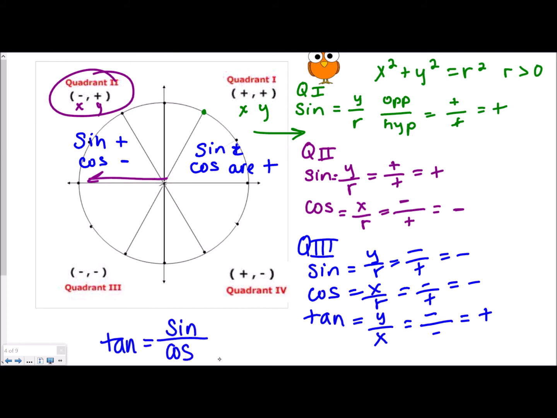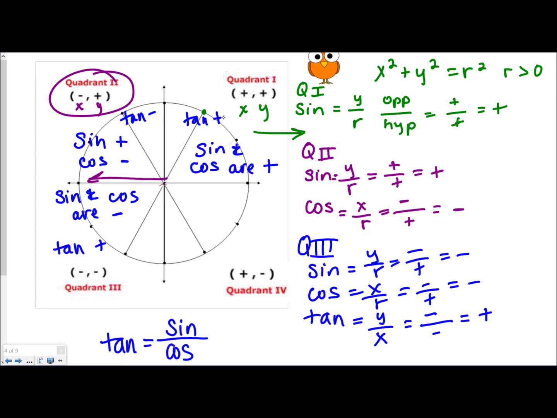If sine is positive and cosine is negative, then you're going to get a negative value. So tangent would be negative there. In quadrant 3, sine and cosine are negative, which means tangent is positive. This one, tangent was negative. This one, tangent's also positive.